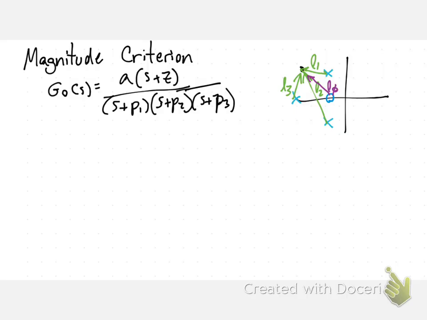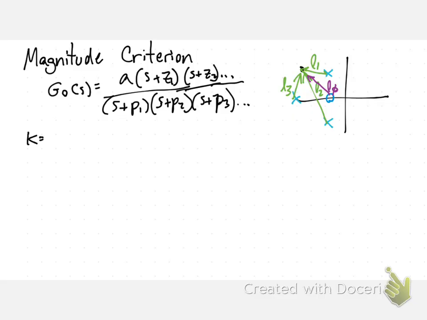Okay, I ran out of space, so I just moved everything up on your paper. So we have that GO of s is equal to a times s plus z1 times s plus z2 times s plus z3, however many z's we have. It doesn't matter to us.